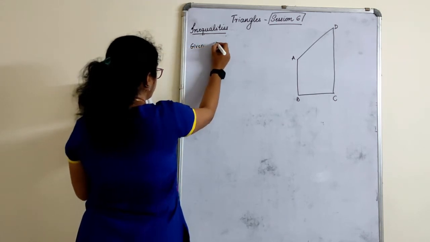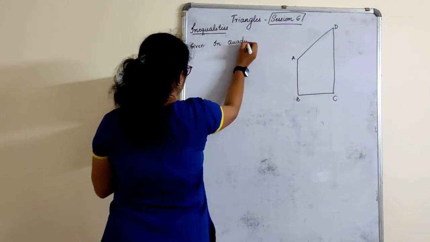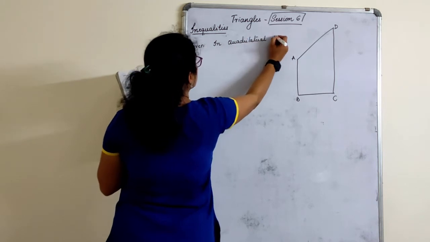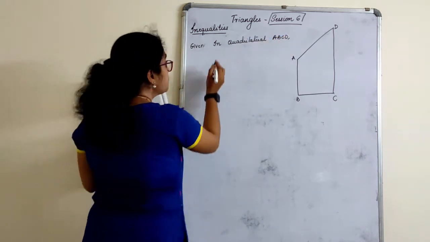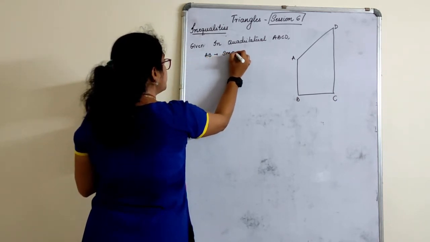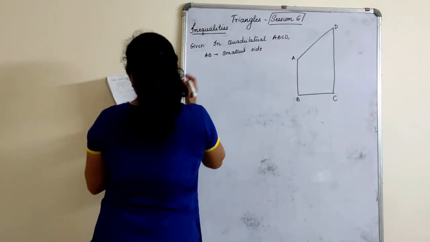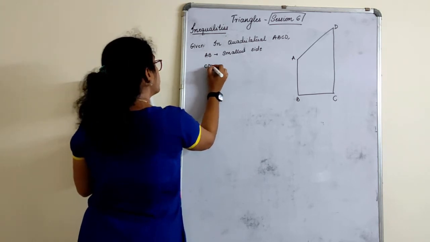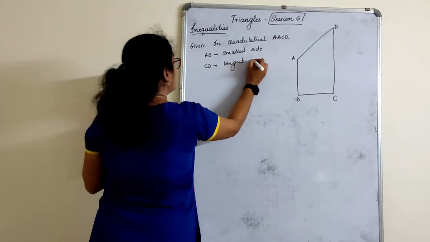So given a quadrilateral ABCD, AB is the smallest side they have given, and CD is the longest side.